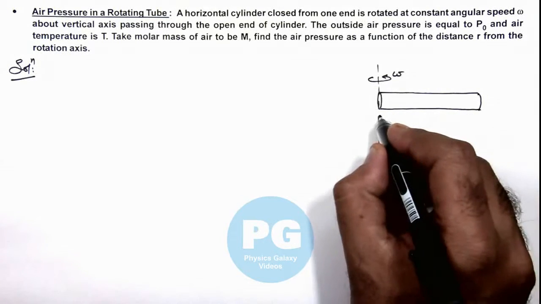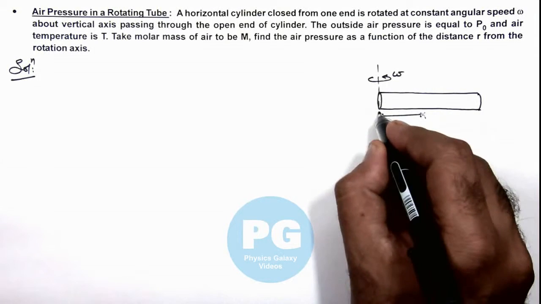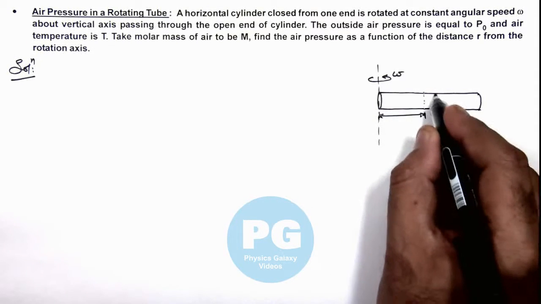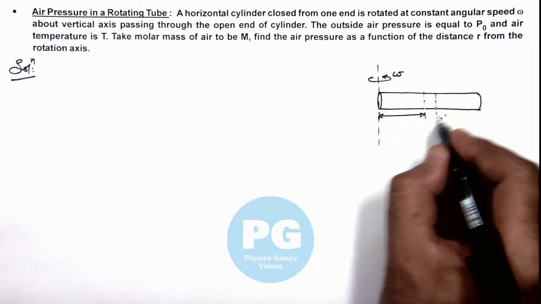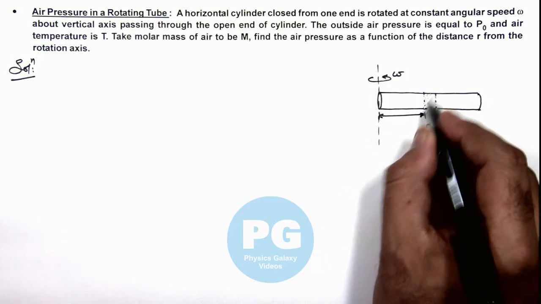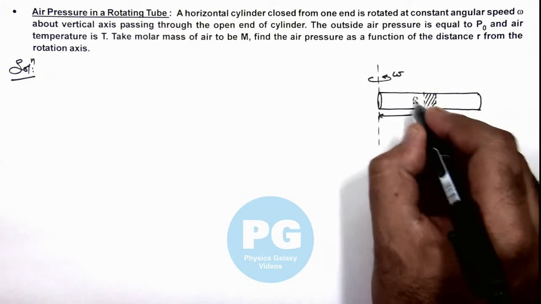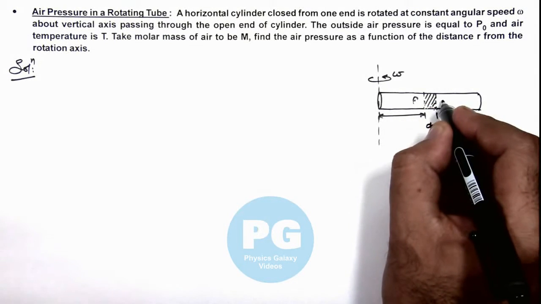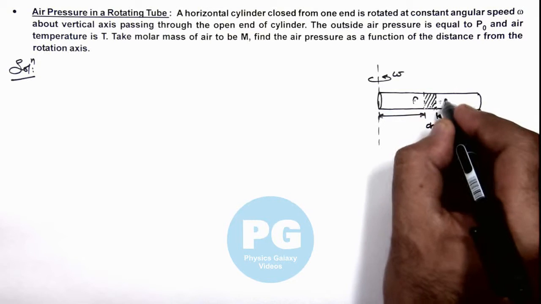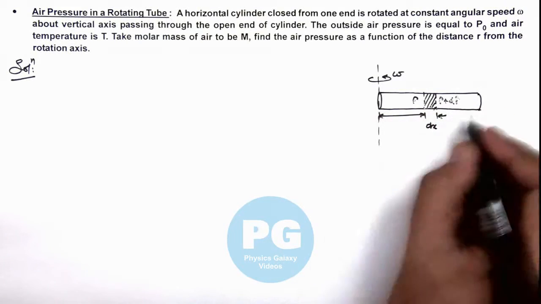So here at a distance x from the axis of rotation, we can consider an elemental layer of width dx. If we consider the pressure at the left of this element is P, then on the right of it can be written as P plus dP. It will increase.